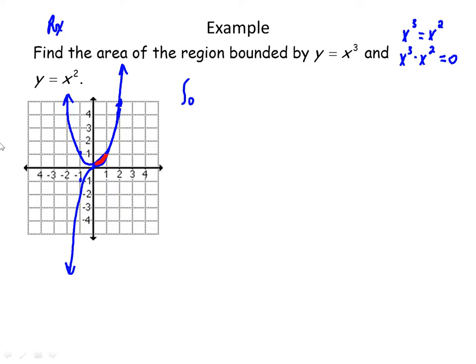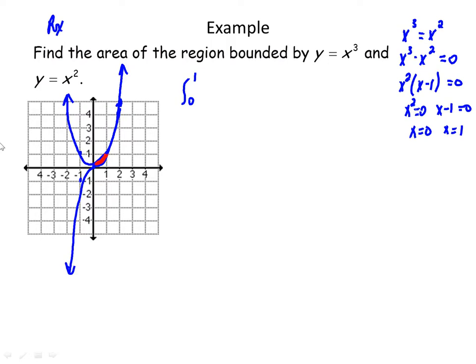Where would we go? Factor. Let's factor out an x squared, and take each one of those and set them equal to 0. And so we're going to get x is equal to 0 and x is equal to 1. So there's your boundaries. Your boundaries are, in fact, 0 to 1. So if you ever are concerned about figuring out what your boundaries are going to be, use algebra. You can use algebra to figure them out.